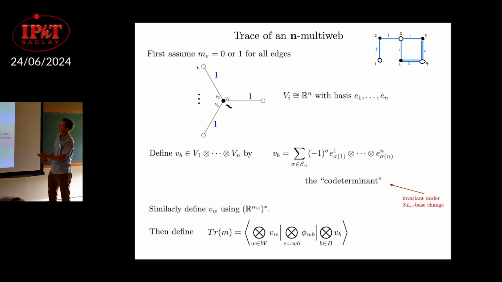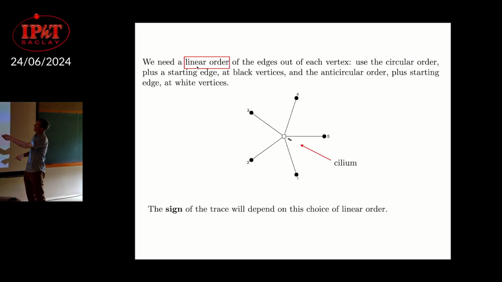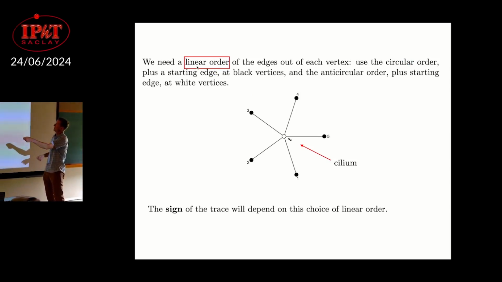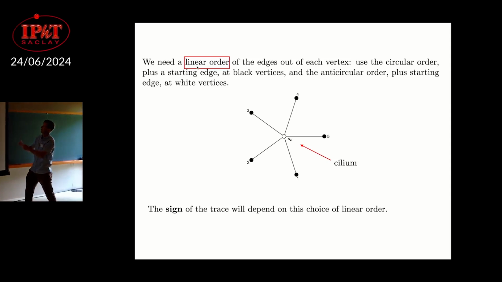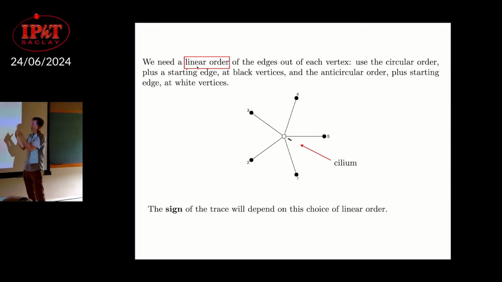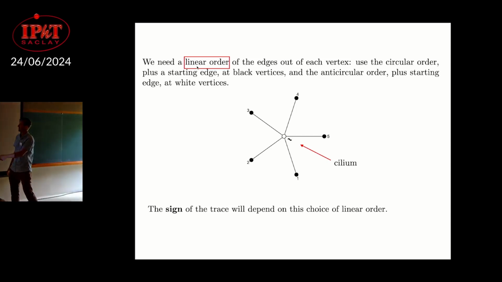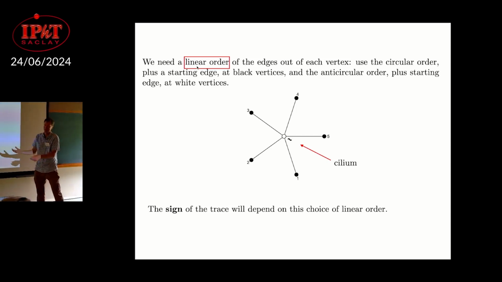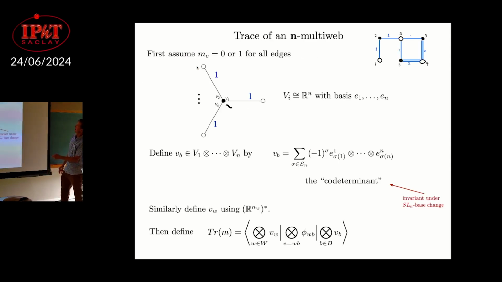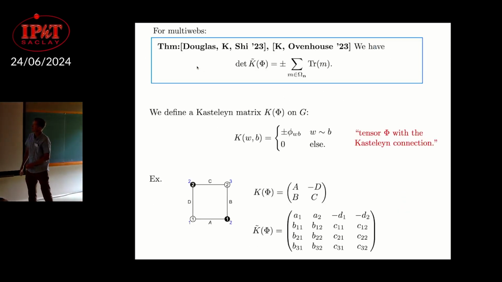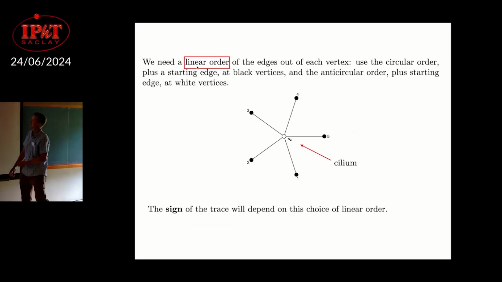So you have to upgrade the circular order at each vertex to a total, linear order, and so you put a little mark there called the cilium at each vertex, which can be arbitrary. It just changes the sign of the trace at the end. The sign of the trace will depend on the choice of linear order, but that's the only thing. That's why in the theorem there's a little sign in front. But you don't have to worry too much about this sign for the current talk.